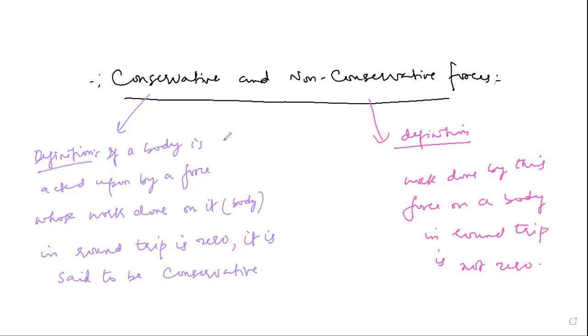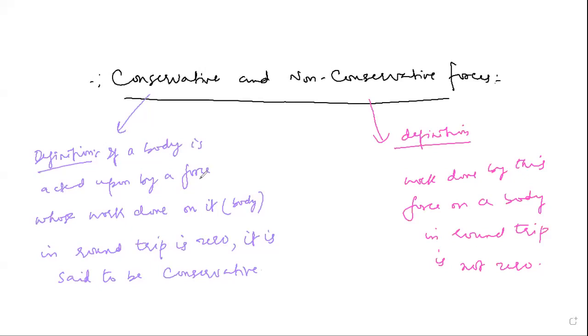I repeat, if there is a body, it is acted upon by some force, and that force does work on the body. Now, the force is said to be conservative if work done by that force on a body in a round trip is zero. If the work done by a force on a body in a round trip is not zero, it's called a non-conservative force.